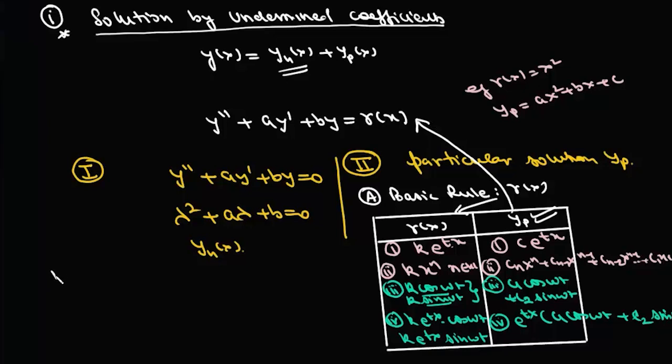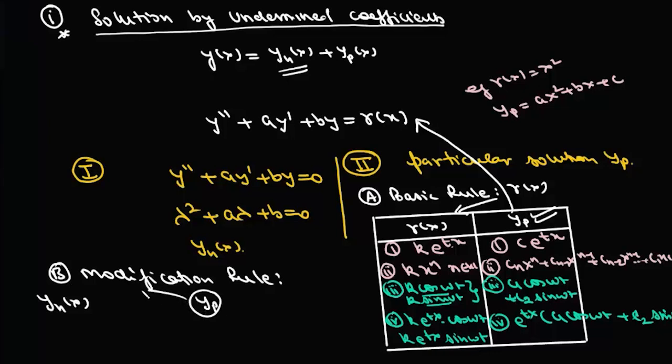Now the second basic rule is the modification rule. Modification rule says you have solutions in yh(x), and if this yp corresponds to one of the solutions of yh(x), then in that case we want to modify this yp to x yp.